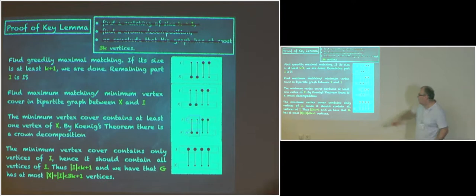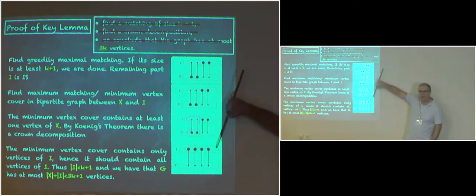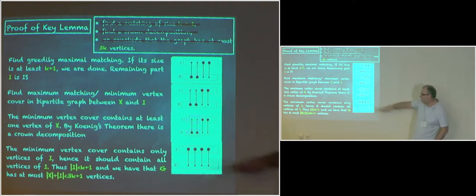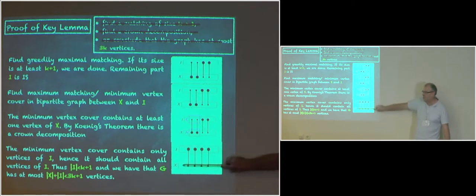So then how many vertices can live in the set I? It cannot be more than k, right? Because my budget is k for the vertex cover. So it means that I have at most k vertices living here. And by my construction, there are at most 2k vertices living here. So in total, I have at most 3k plus 1 vertices living here, everywhere.